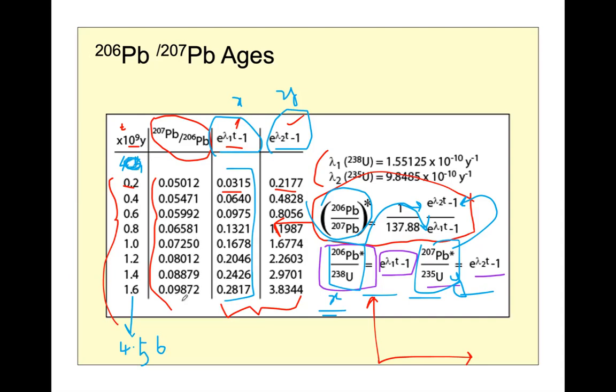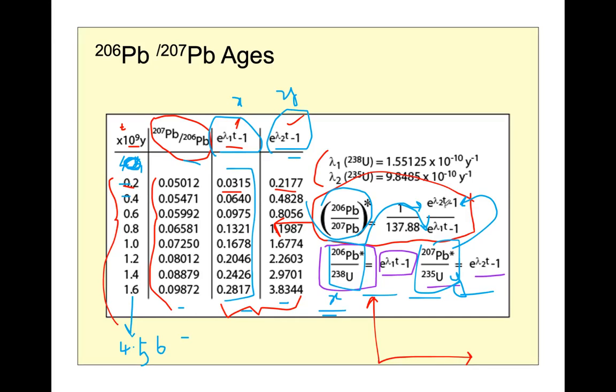Okay, so you will get these values by putting this t value and just by dividing these two, x and y, you get this 207 to 206 ratio value here, because you have the t value here already.